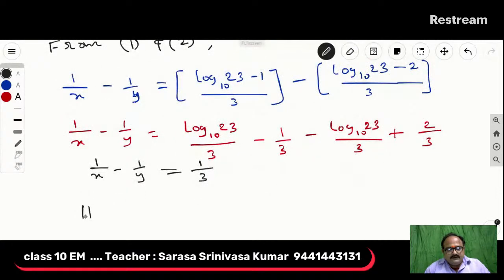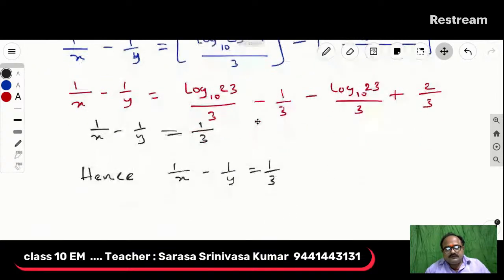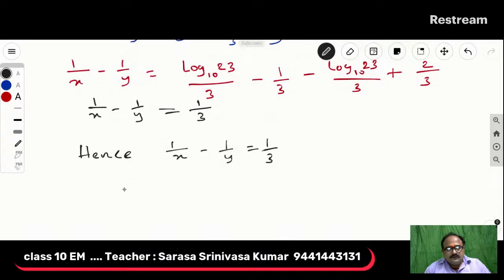Hence 1 by x minus 1 by y equal to 1 by 3. Therefore, the result is proved.